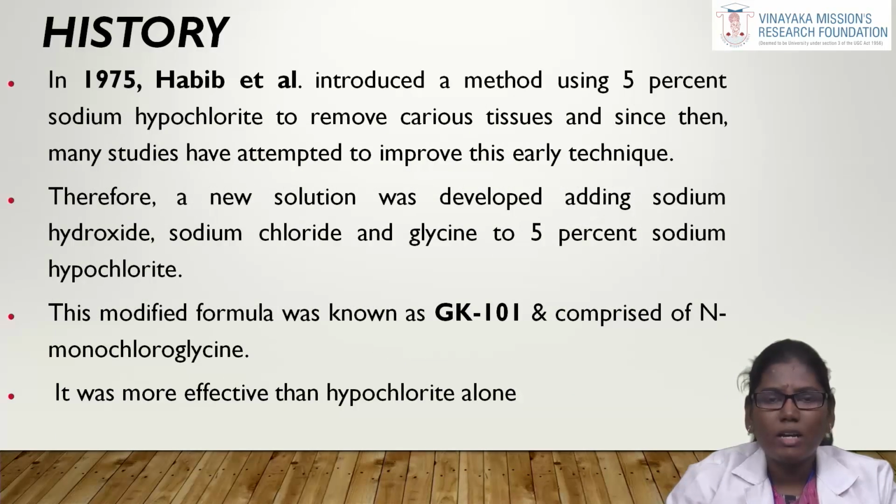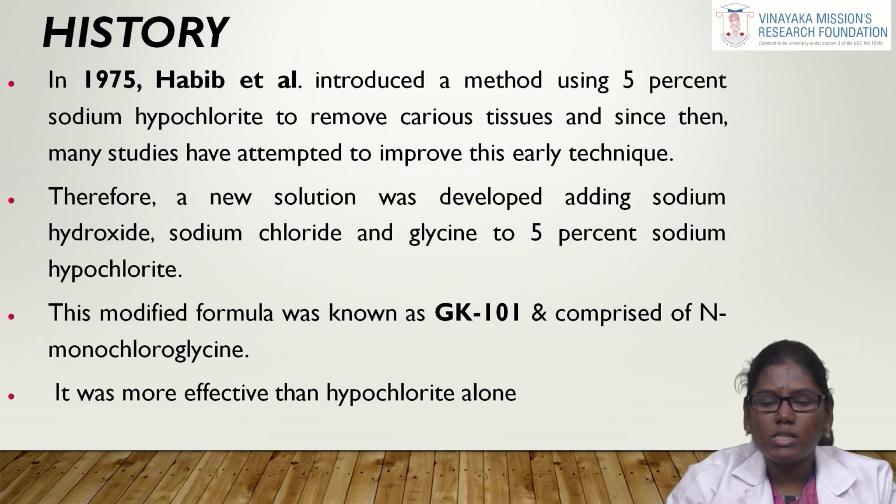Moving on to the history, in 1975, Habib et al. introduced a method of chemomechanical caries removal using 5% sodium hypochlorite to remove the carious tissues. Since then, many studies have attempted to improve this early technique, because 5% sodium hypochlorite was found to be toxic and aggressive to the adjacent healthy tooth structures.